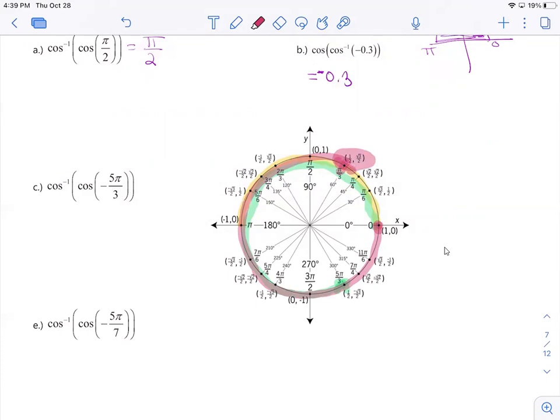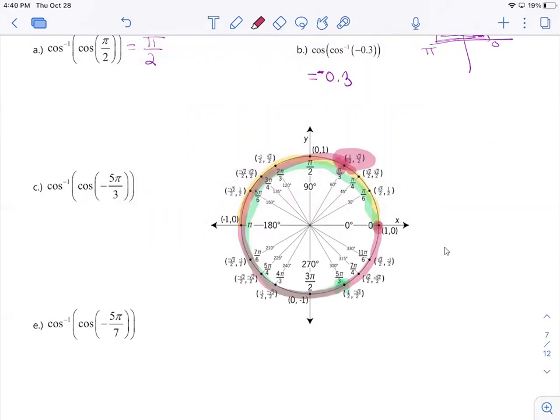The problem is with negative 5 pi over 3, we can only list angles between 0 and pi. And I'm going to say it again until it's probably pretty annoying, because it's not a function if I list anything outside of that. Now, I can't say that's negative 5 pi over 3, but cosine there produces 1/2.